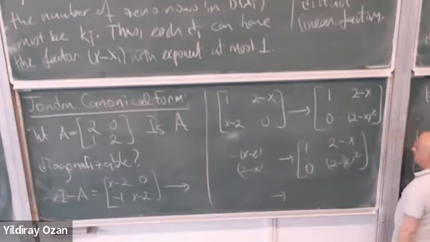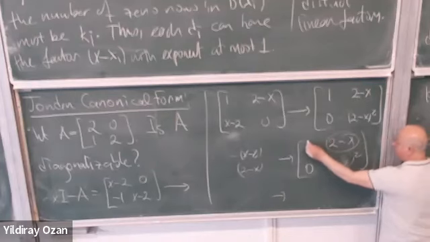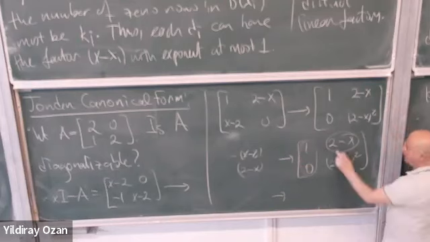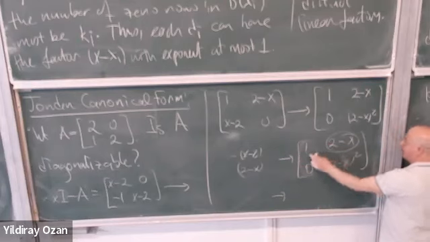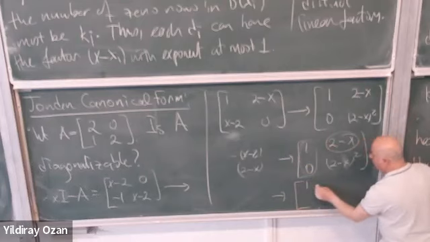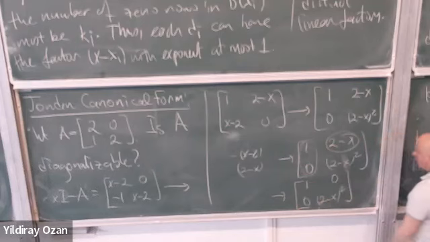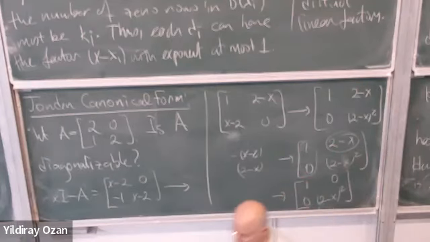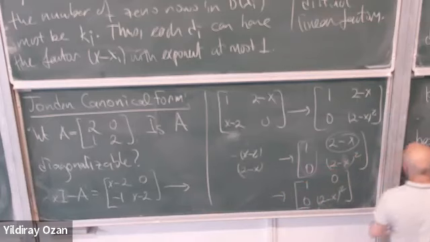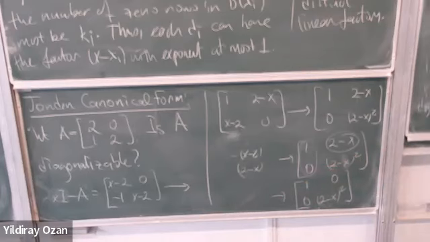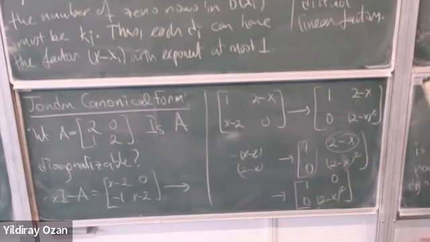And then finally, to kill this guy, let me multiply this row by minus 2 minus x and add to this one. So I will get 1, 0, 0, and 2 minus x squared. So this is our Smith normal form, right? We apply both row and column operations and bring this matrix to diagonal form so that each diagonal entry divides the next one.